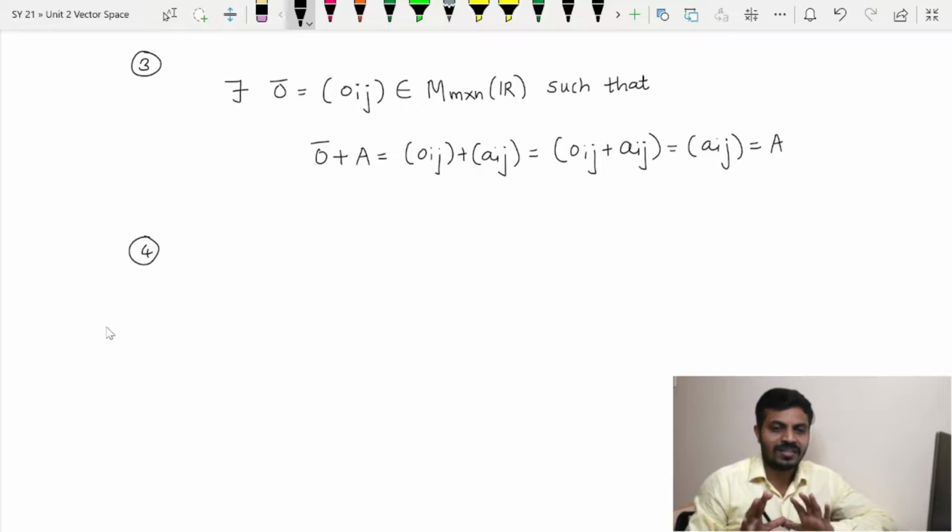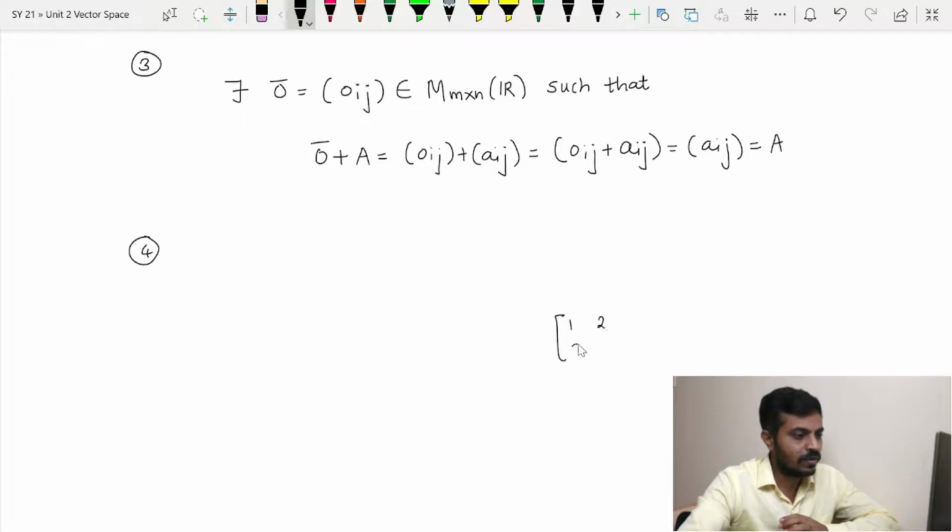Now moving towards the next property, that is nothing but the existence of inverse. Again, in order to understand it, we should take the help of our familiar set, the set of 2 by 2 matrices. Let me choose one matrix, let us say 1 2 3 4, from that set. What I want is, in the existence of inverse property, after adding which matrix to this one will we get a 0 matrix?